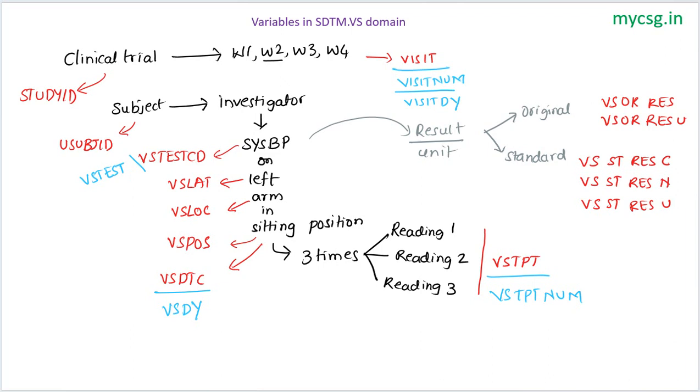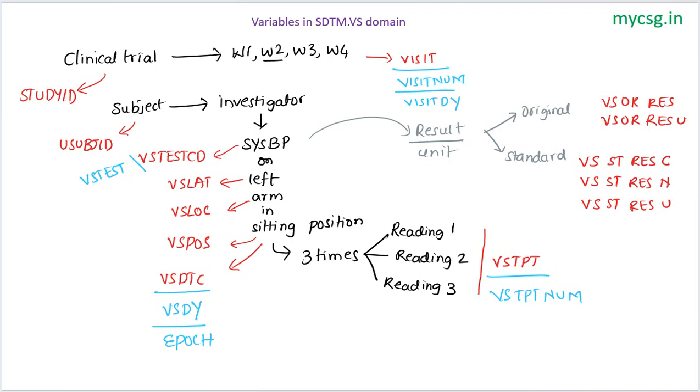And then in the findings domain, we derive the EPOCH variable based on the date of collection. So these are some of the derived variables that will be created, or the alternative numeric versions of the variables that can be identified using the collected information.